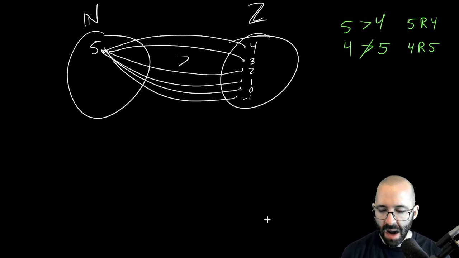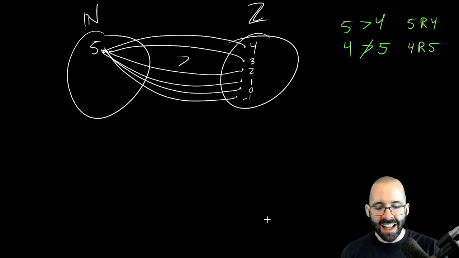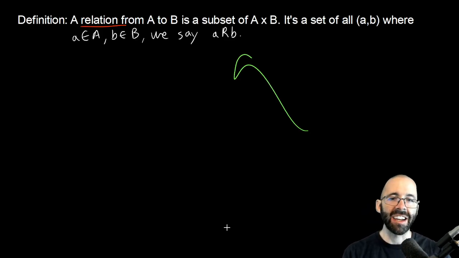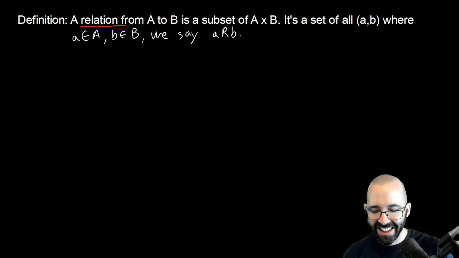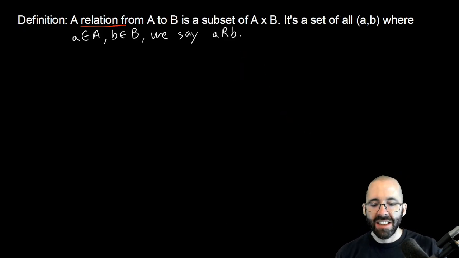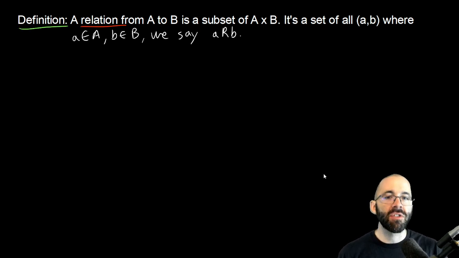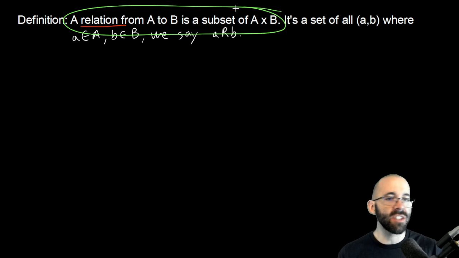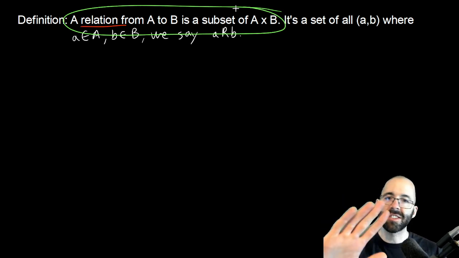So let's start with a more abstract definition, which lets us start talking and connecting to sets, which is pretty exciting, right? A relation from a set A to a set B, that relation is a subset of A cross B. So there is so much. Let's not even keep reading. Let's stop right here.